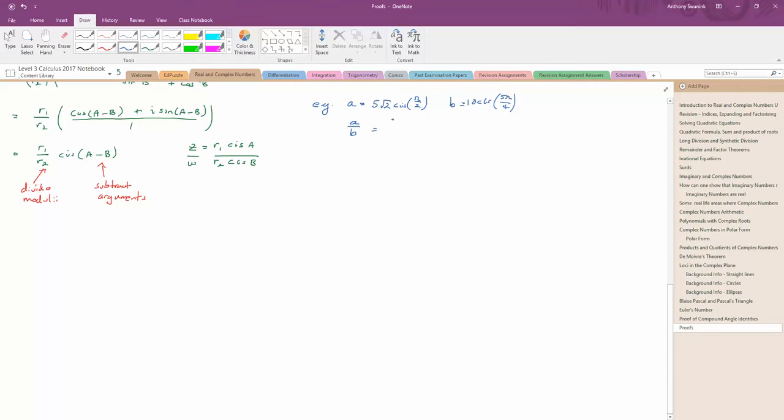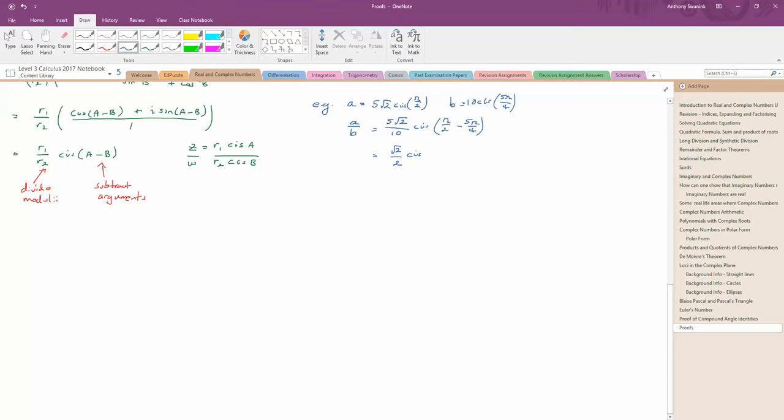Well, that would be 5 root 2 over 10, and the arguments we're going to subtract, so pi over 2 minus 5 pi over 4. So this will simplify down to root 2 over 2, which can be simplified further, and we'll do that in a moment.